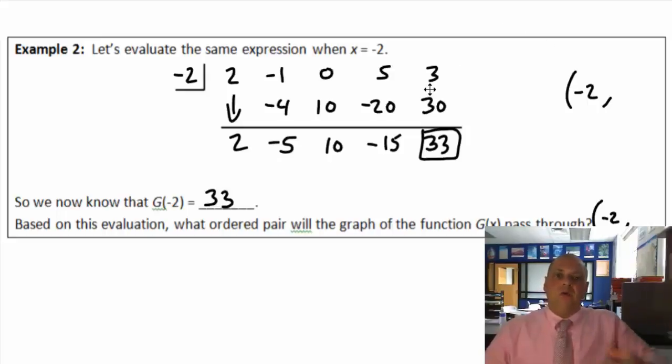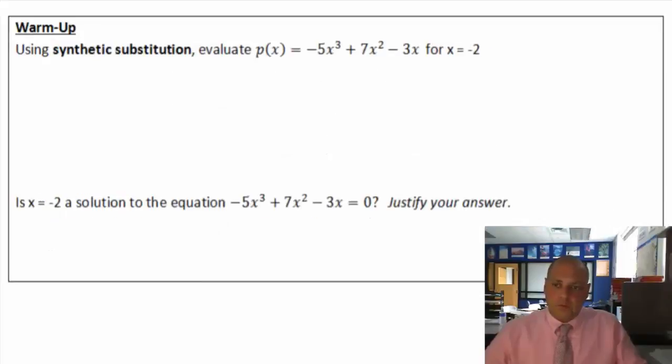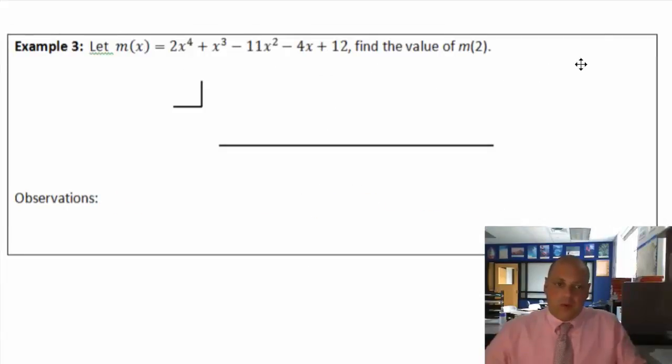The y value of the point there on the graph is the output of the function. In this case, it is 33. So negative 2, comma 33, is the point that the function passes through. We got one more.